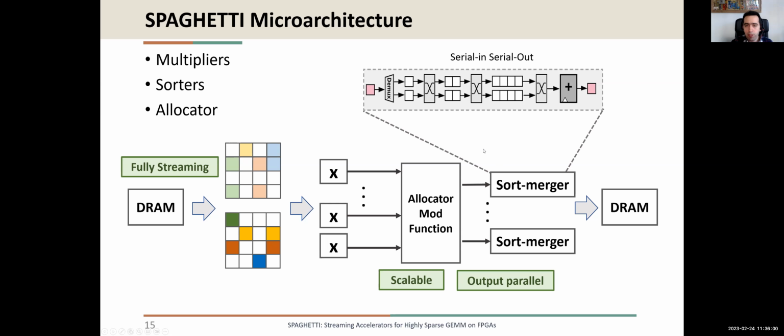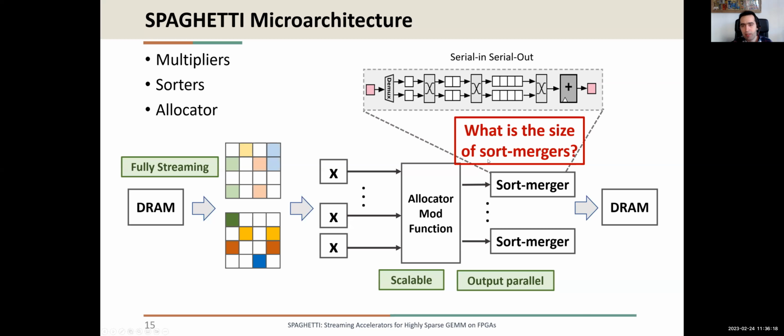So we just wanted to have a fully streaming sort unit in our hardware. So this is a serial input, serial output sorter. But the question is what should be the size of the sorters and mergers, and how can we tile big tensors and big matrices and split them into smaller pieces with this approach?